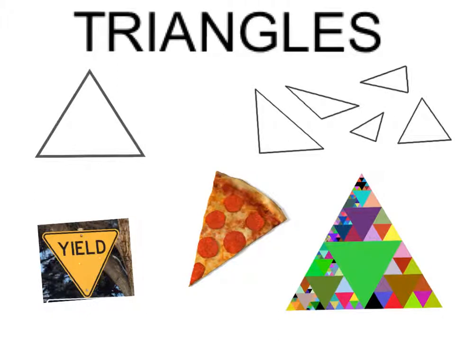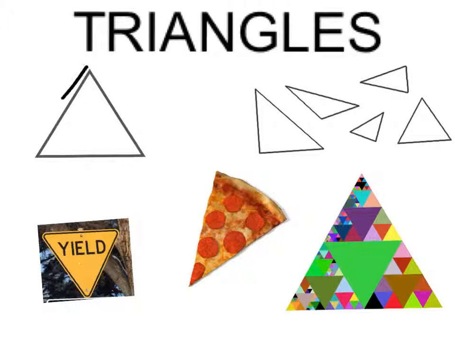Here are some triangles. And triangles are kind of cool because their sides can be different lengths, where we know our squares had to have all the sides the same length, they had to be equal, and our rectangle had to have 2 that were the same and the other 2 that were the same. Triangles can actually have different lengths.